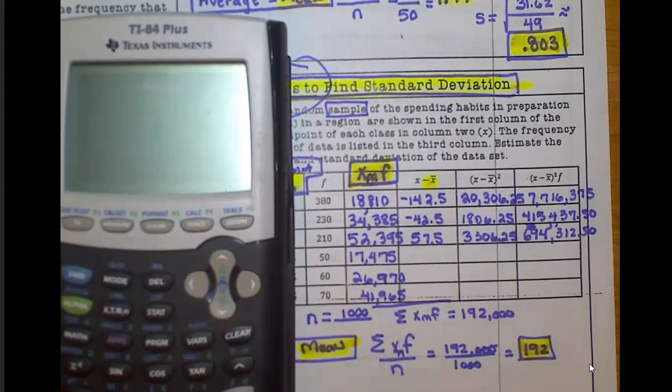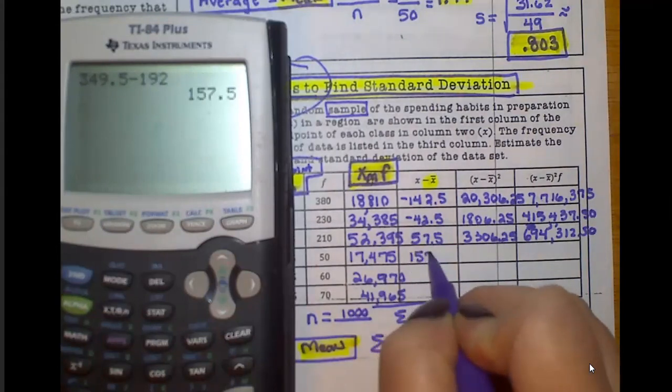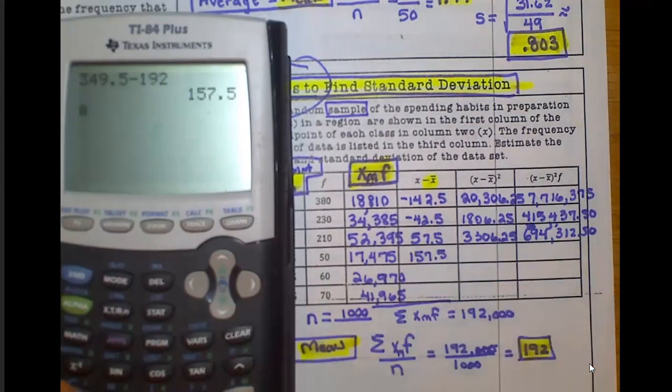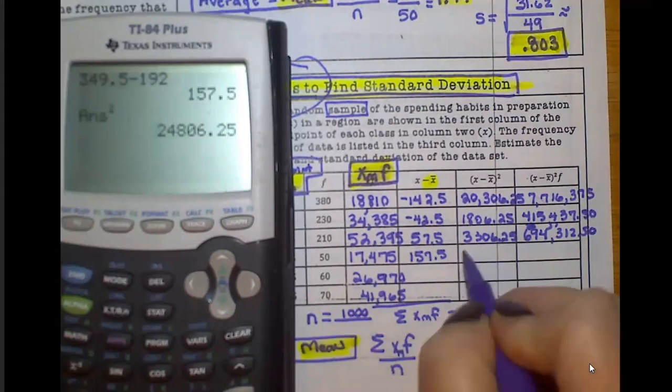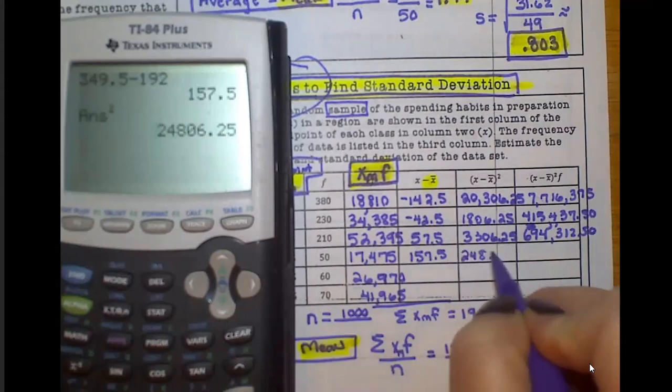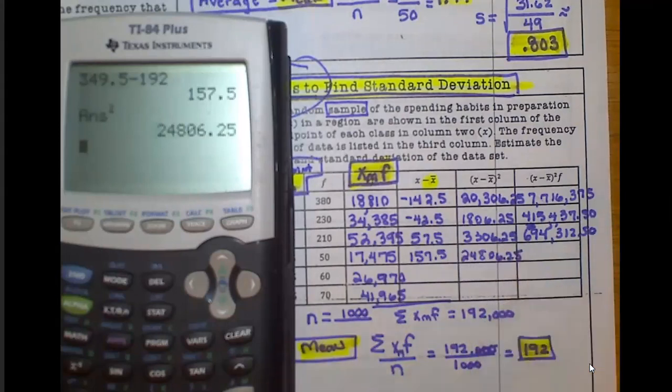So now we've got 349.5. We're going to subtract the 192. I'm going to square it. I'm going to multiply it by, that one was 50 times.